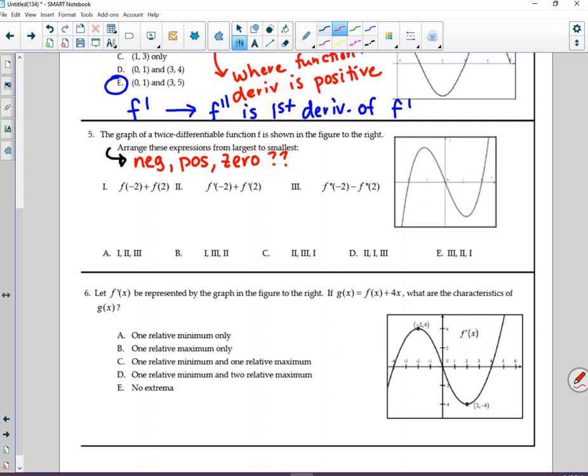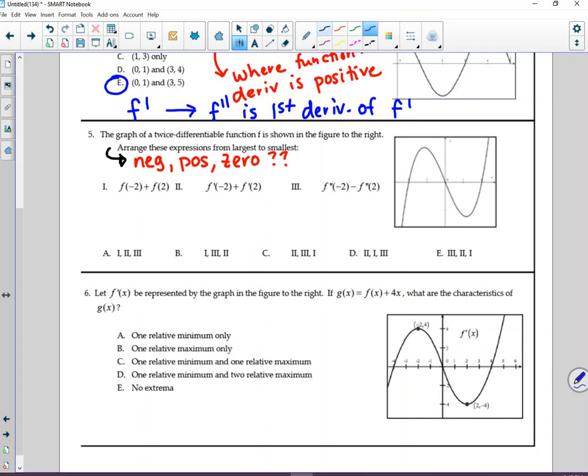And if we know that, then we can put them in order. Either largest to smallest would be positive, 0, negative, or smallest to largest, negative, 0, positive. But this question often isn't about exact value. It's about comparing 3 things, one of which would have to be positive, one negative, and one 0.